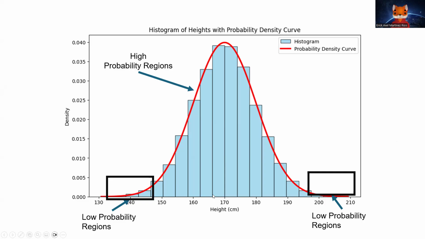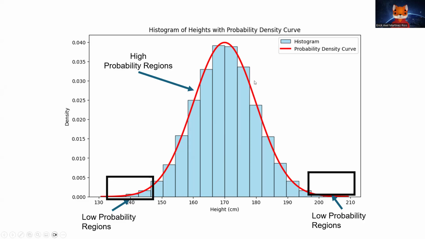The difference is that we are plotting the frequency of certain ranges of values of my variable. For example, here I am plotting the frequency of values between 160 and 170, and I can use the height of this bar to denote the frequency of my variable within this range.